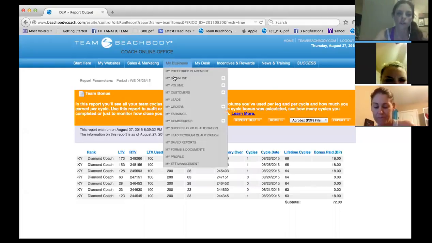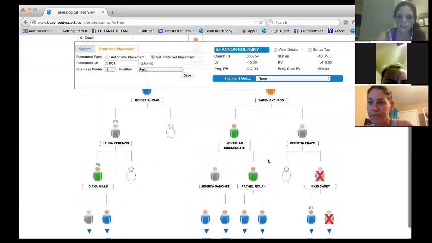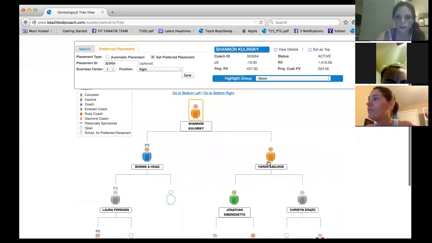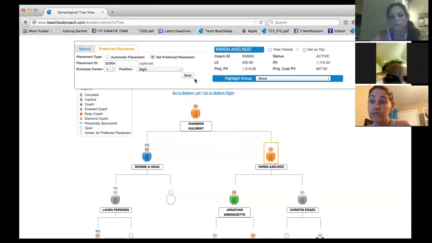So now if I go into my downline and look at my graphical genealogy, I can click someone, like Farron, and now it's going to put their placement ID in there. Like for example, my coach Leslie, when I signed her, I accidentally placed her under Nick Casey, a different coach, because I clicked someone else when I went to set preferred placement and saved it.